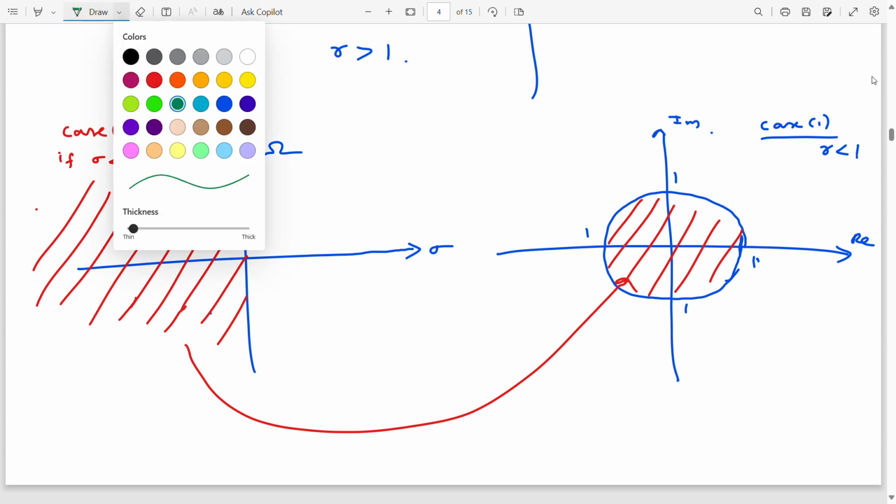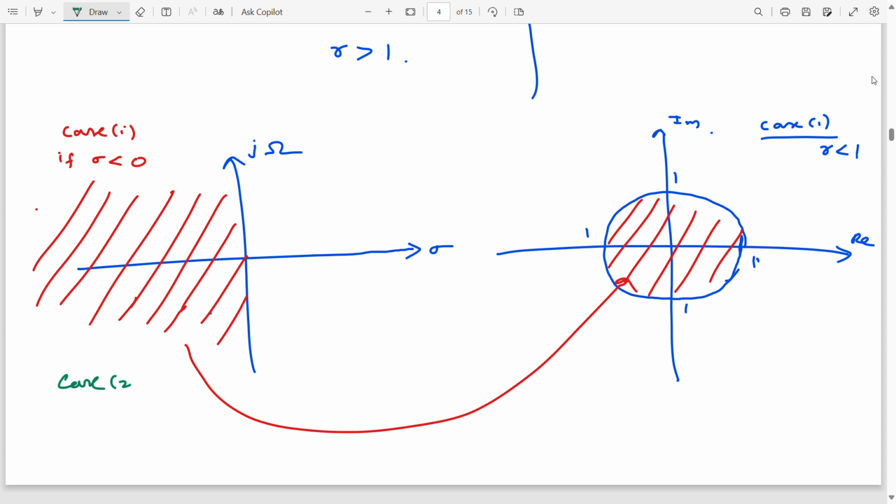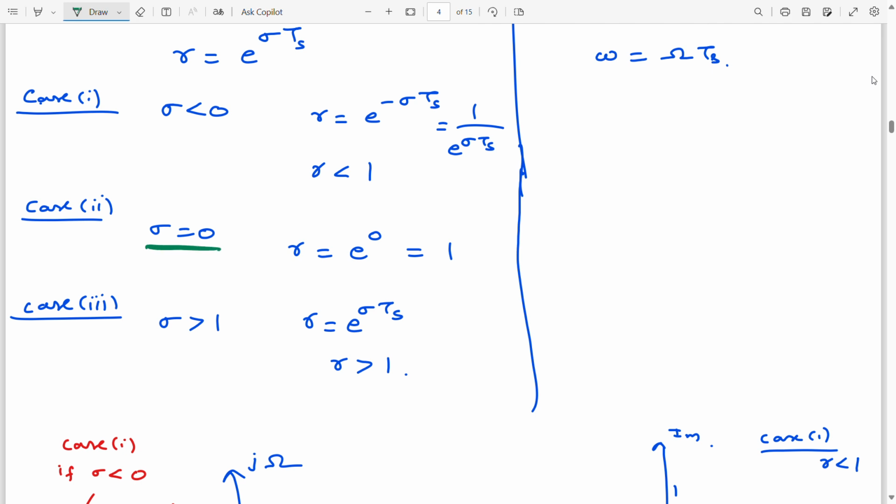Now let us discuss the second case, case 2, that is if sigma equal to 0. So this is the sigma equal to 0 line, that is the imaginary axis of the S plane. Any poles lying on this imaginary axis are represented in the Z plane in such a way that, as we discussed in case 2, if sigma equal to 0, the value of R equals 1.